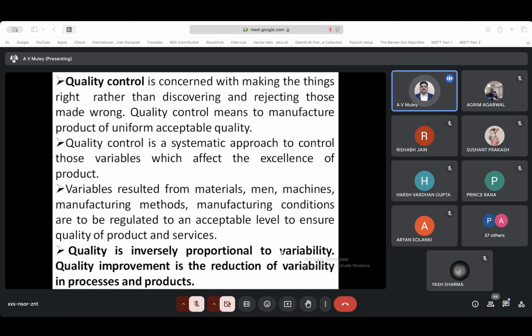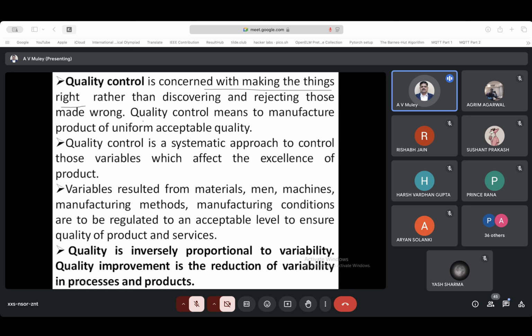So that's the control of quality. That is the important aspect in any industry. So quality control is concerned with making things right rather than discovering or rejecting those made wrong. So what is the purpose? Making things right, rather than discovering and rejecting those made wrong.